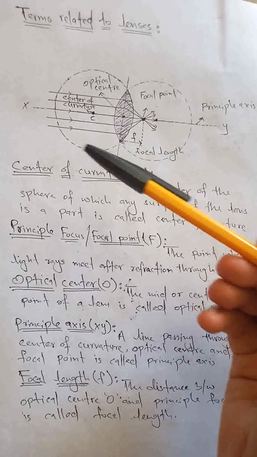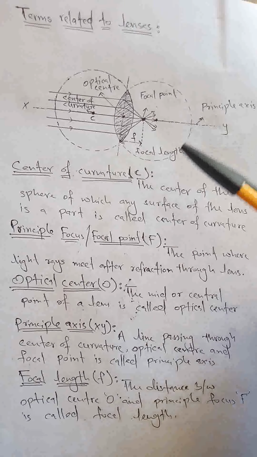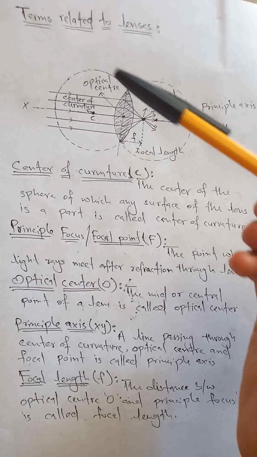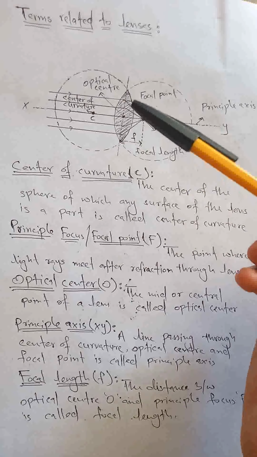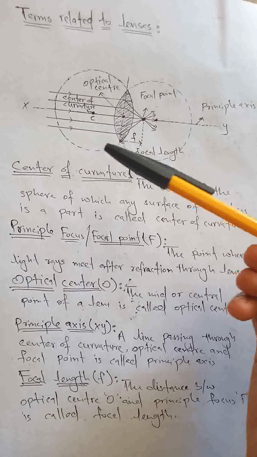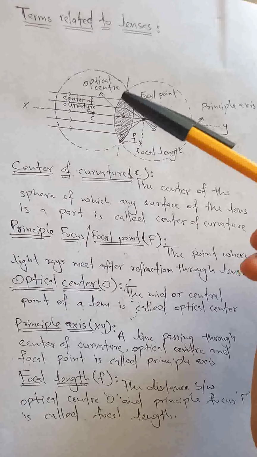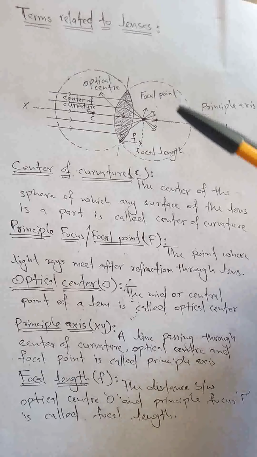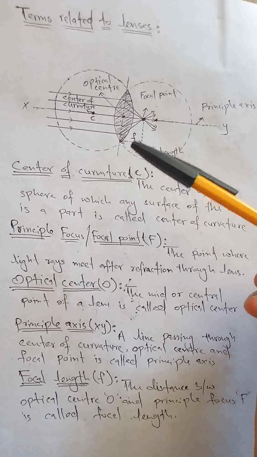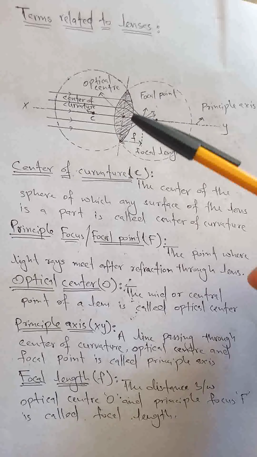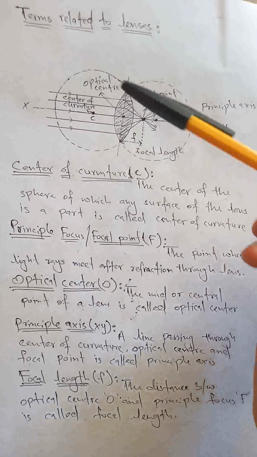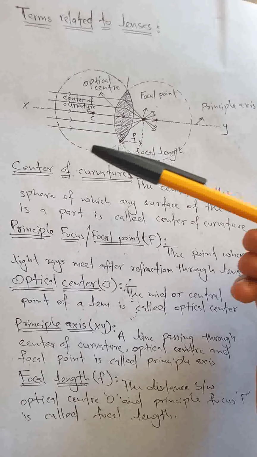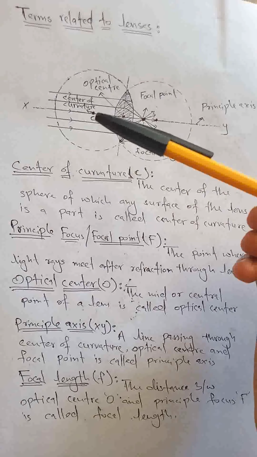this is a sphere and this is also another sphere. These two spheres are overlapping each other. This curved surface belongs to this sphere, whereas this curved surface belongs to this sphere. So the curved surface, or actually the lens, is a part of a sphere, and the sphere has some center.